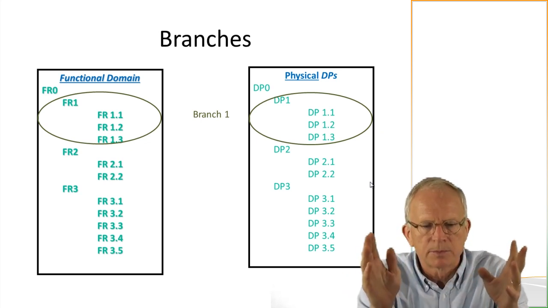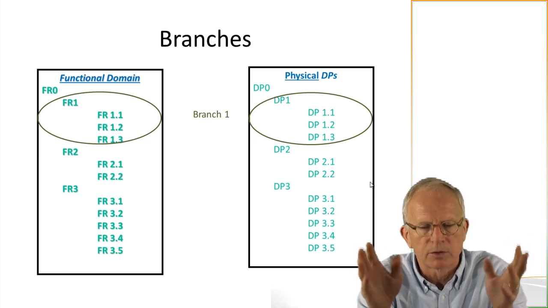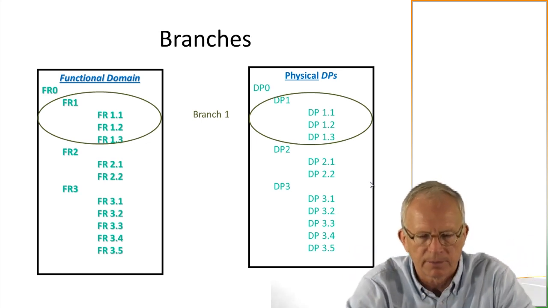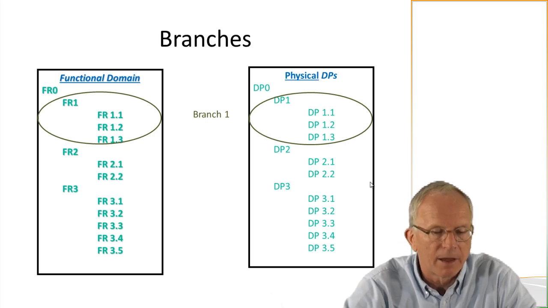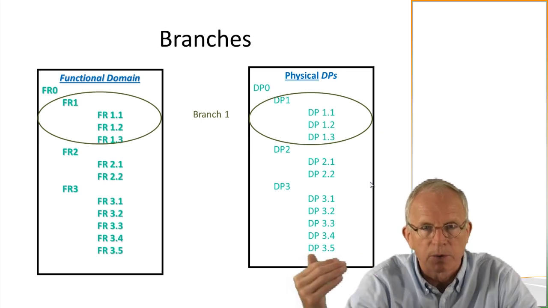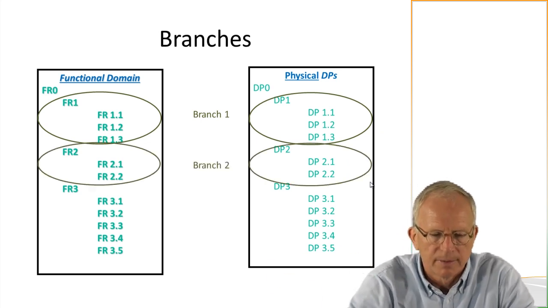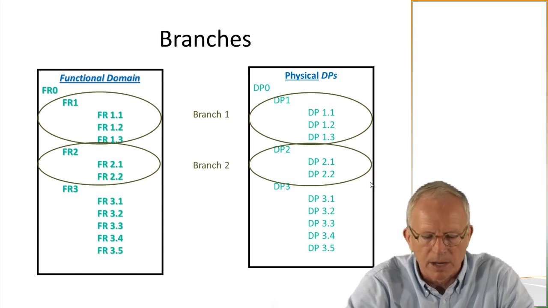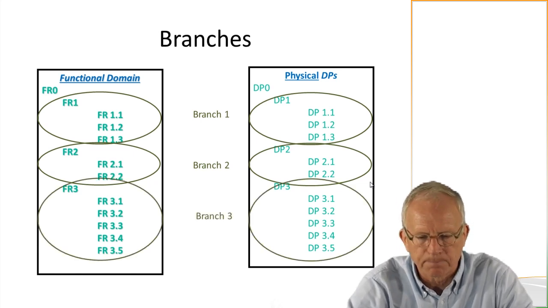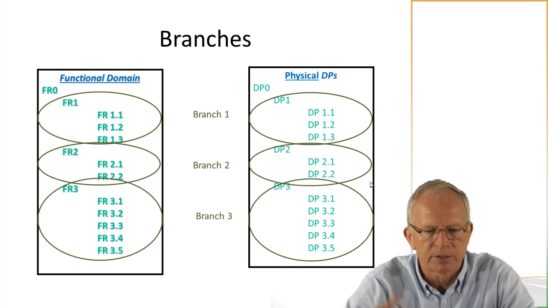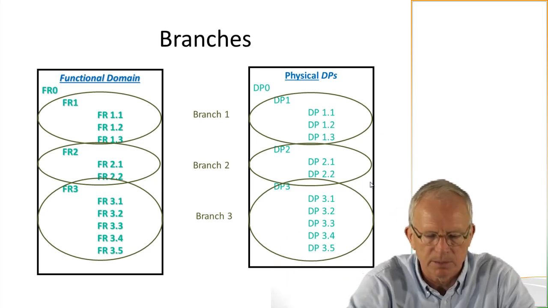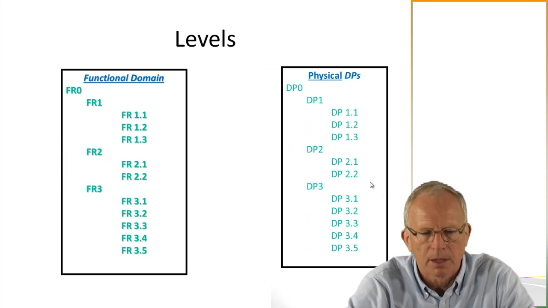So these, in terms of the structure, will be mirrors. Of course, in terms of the description, they'll be different. So a branch starts with an upper level FR or DP, and then follows its way through the decomposition. And there's the second branch, and then the third branch. So we have, in this case, FR1 and its children, FR2 and its children, FR3 and its children, and the same thing in the DP, or the physical space.